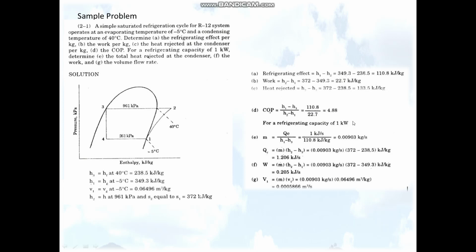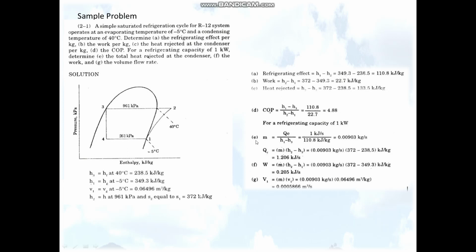For our refrigerating capacity of 1 kilowatt, so given here, refrigerating capacity, we have the formula: refrigerating capacity is equal to the mass flow rate at the evaporator times the value of enthalpy leaving minus enthalpy entering the evaporator.